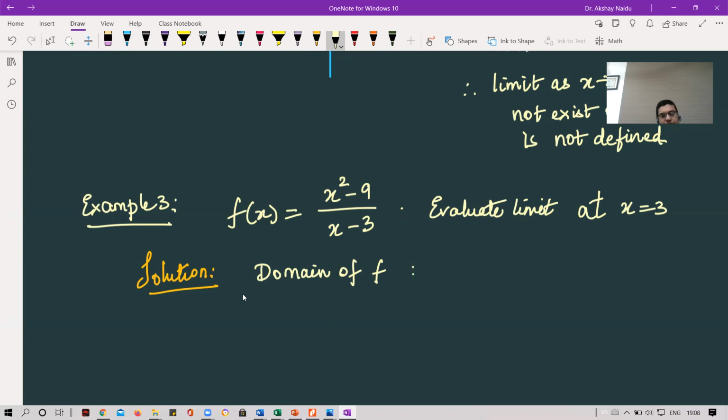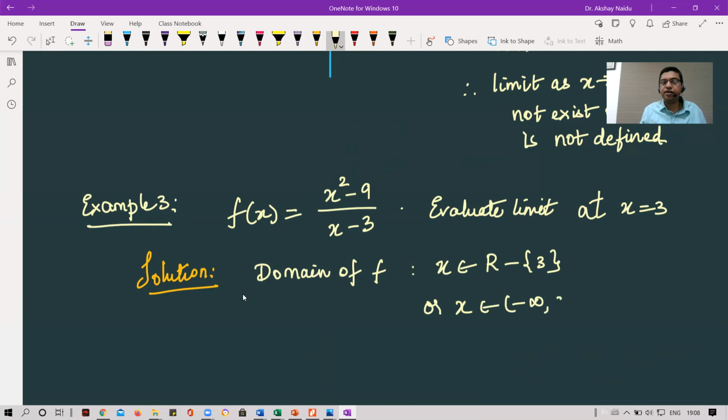When will denominator be equal to 0? When x is equal to 3. So domain of f is x belongs to R minus 3, or x belongs to minus infinity to 3 union 3 to infinity.